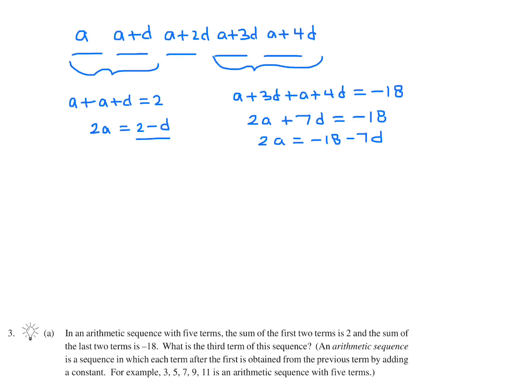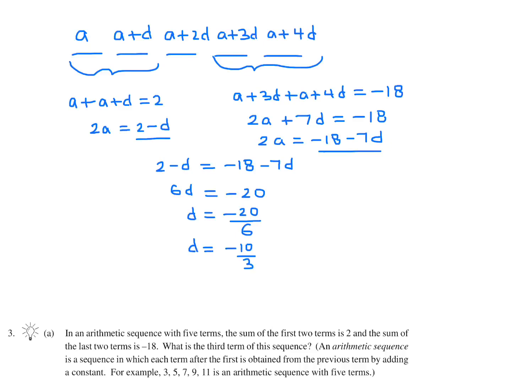All right, we got 2a is this, 2a is that, so they must be equal to each other. So 2 minus d is equal to negative 18 minus 7d. Bring the 2 over and we get minus 20. Bring the 7 over and we'll get 6d. And therefore d is equal to negative 20 over 6, which is also, in lowest terms, negative 10 over 3.